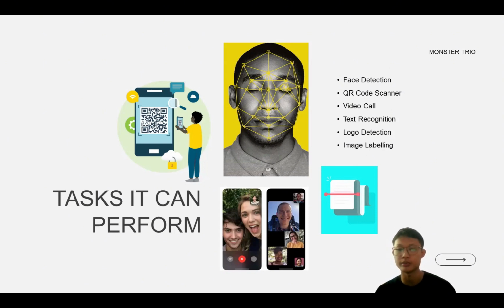And you can also build video call apps, and you can add text recognition features with the document scan function. And you can also do object detection and image labeling. It's a very interesting feature.